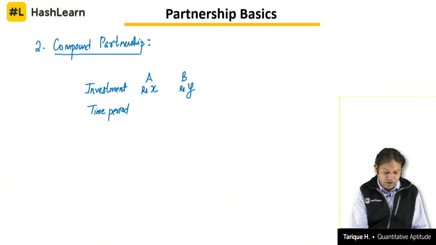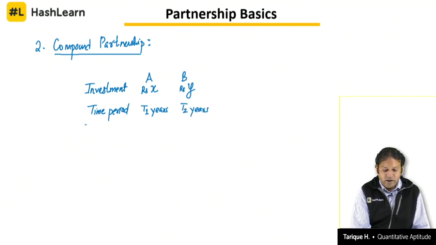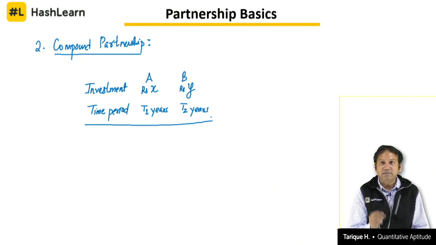So A is investing for T1 years or months, and B is investing for T2 years or months. Then in this scenario it is not a simple partnership.